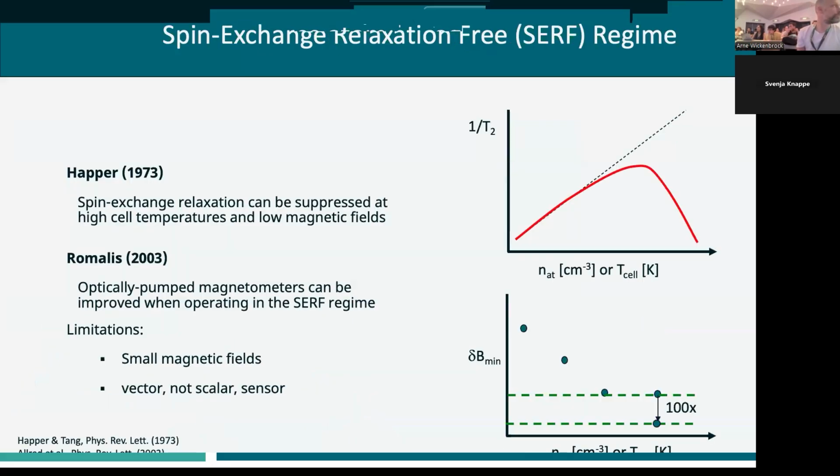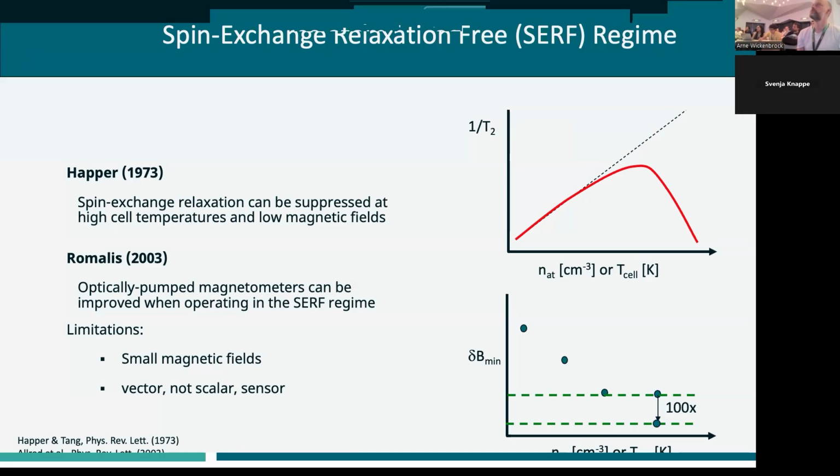One thing I want to talk about is these zero field magnetometers or Hanle magnetometers. And they, working in the spin exchange relaxation free regime, this what we call SERF regime, has been really a game changer in the application space for some of these magnetometers, because it really improved the sensitivity limit by a factor of 100.